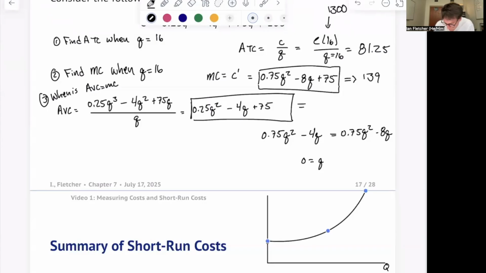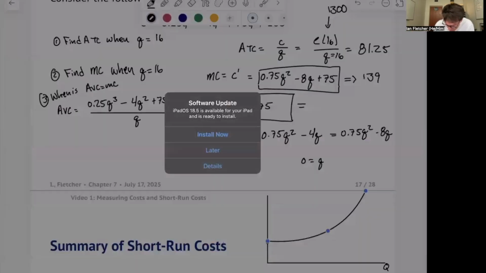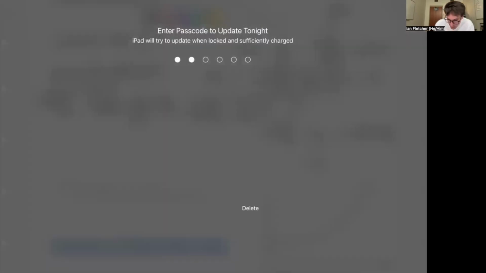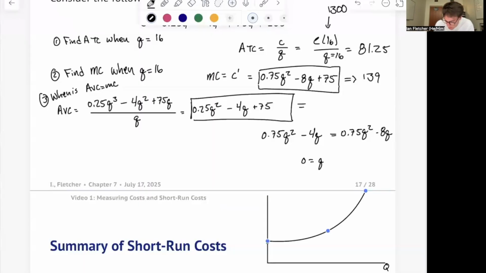And our average variable costs, oops, sorry guys, will look like this.